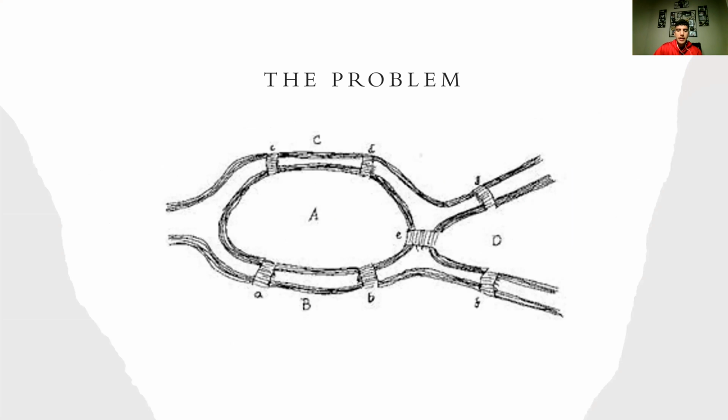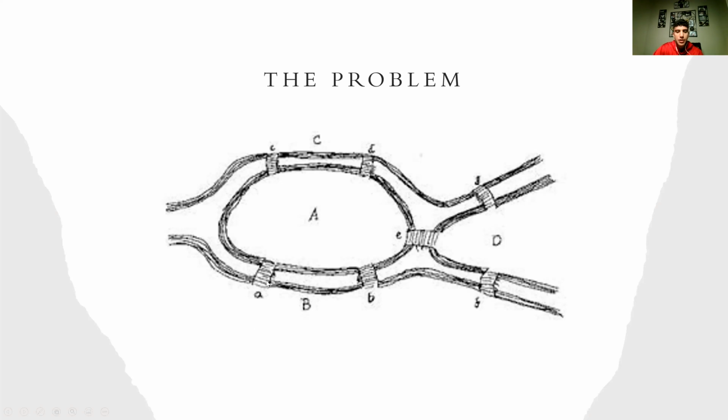And as you can see here, these are rivers. And so to connect from each mainland to each mainland, there were bridges. Euler was commissioned to figure out how he could cross every single bridge without crossing any again. And obviously, by reason, that is impossible.